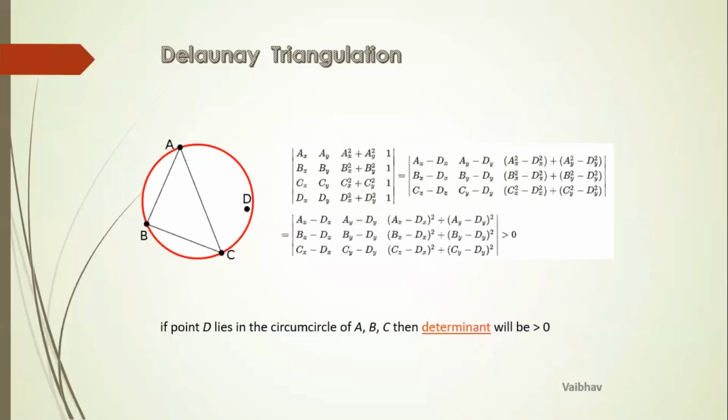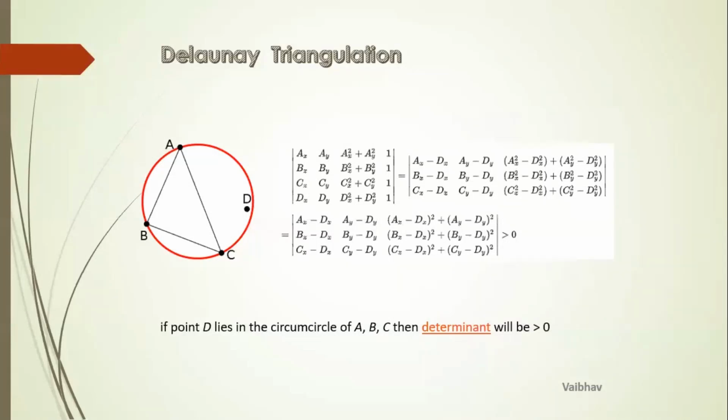If any point D is inside the circumcircle of the triangle made by points A, B, C, then the determinant of this 4 by 4 matrix will be greater than 0.